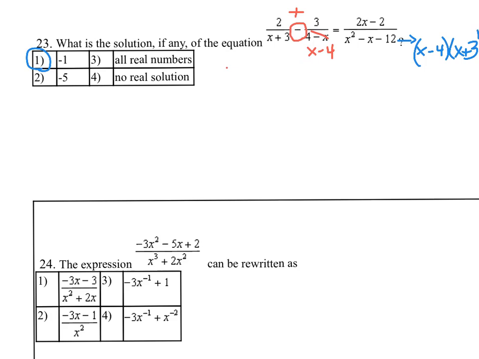Okay? All right, so now we need to find a common denominator. So let's look at the first fraction. And we notice that this first fraction's denominator is missing an x minus 4. So both the numerator and the denominator are going to get multiplied by x minus 4. Now, hopefully, you can see that these two denominators here, these two factors here, match those two right there.